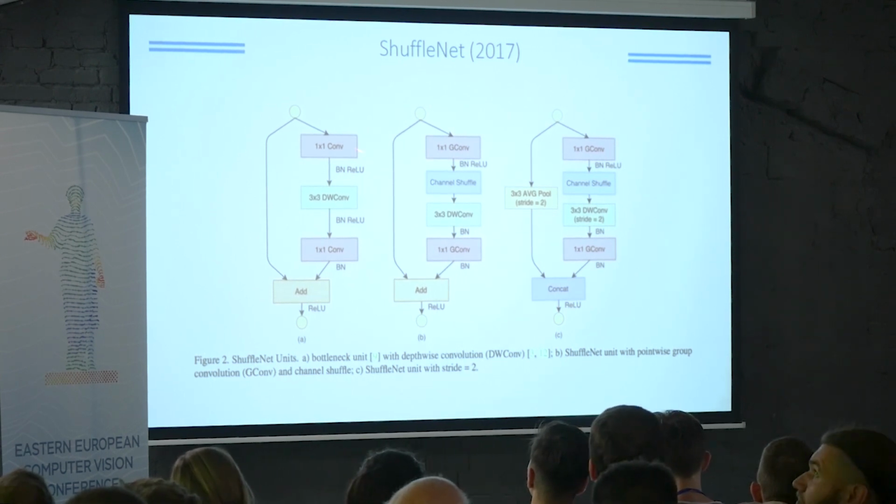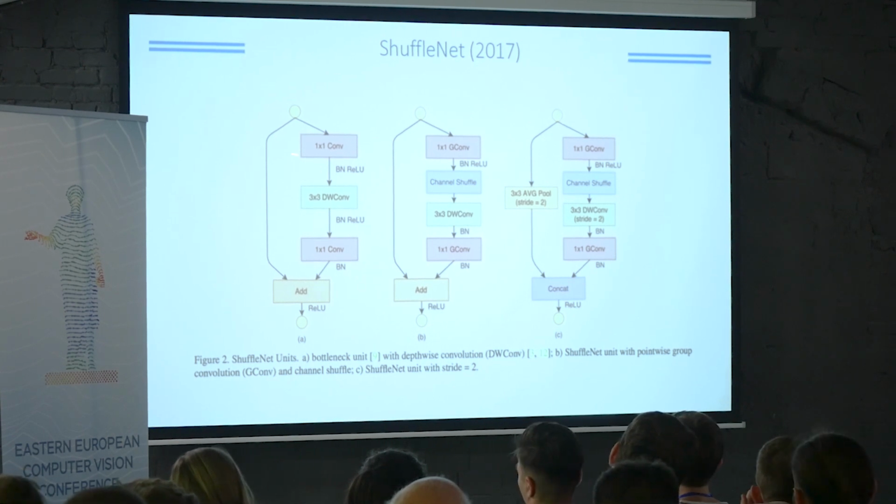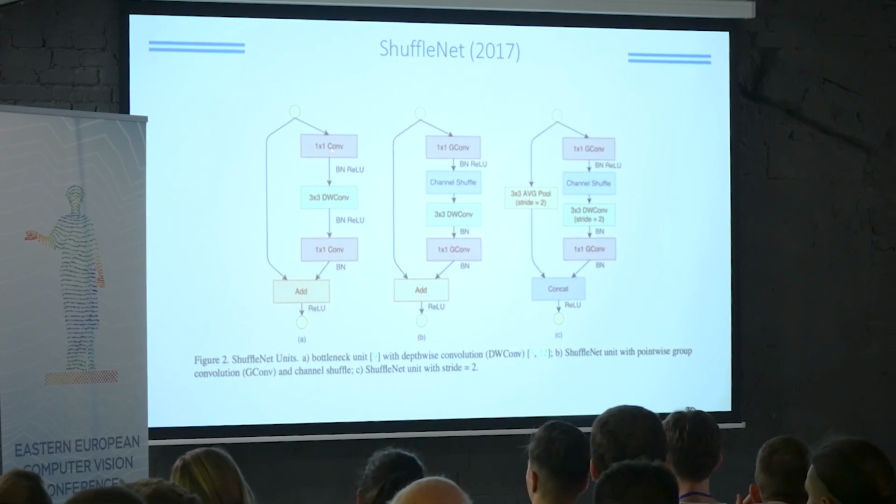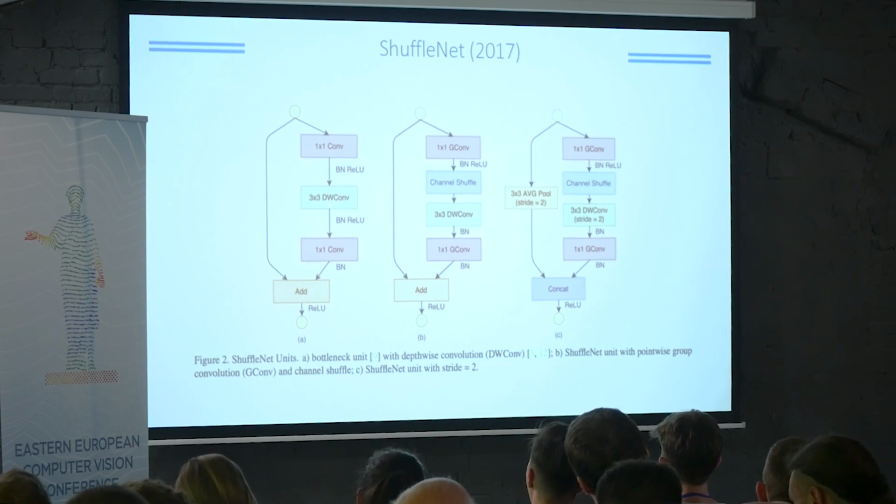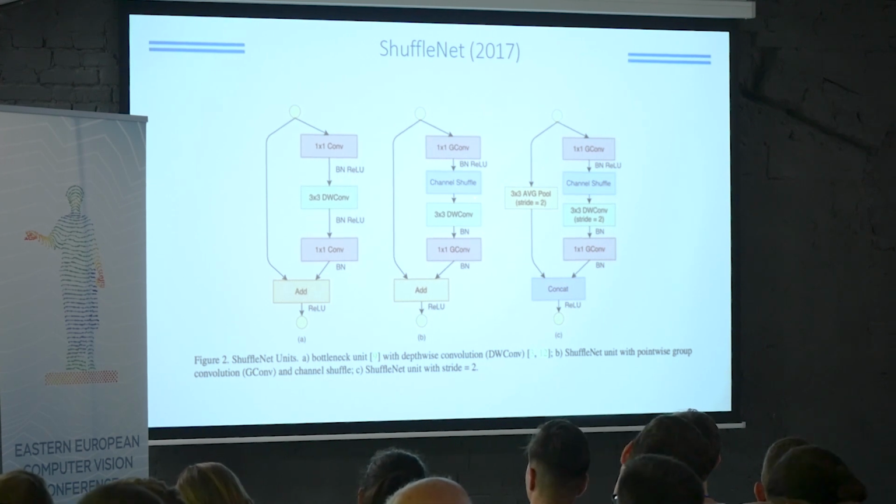So it is the first MobileNet architecture. One is modified: 3x3 depth-wise convolution and 1x1. And they just add channel shuffle, and everything is going well.